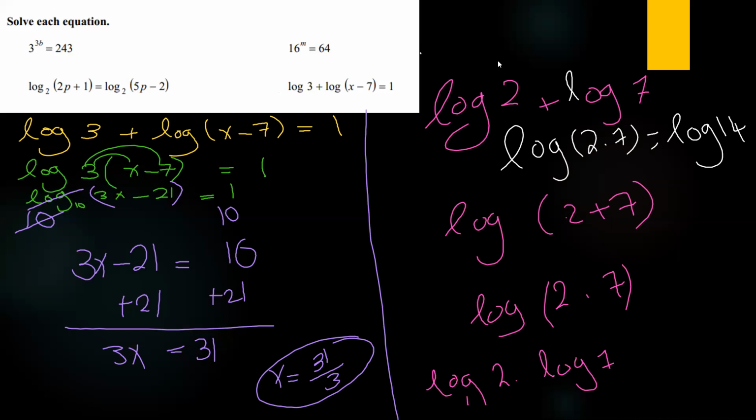So the first case here, the logarithms are added, so I can rewrite them as logarithm, and I multiply the 2 numbers, 2 and 7. The second case here, we have logarithm of 2 plus 7. Now look at here. Here I cannot rewrite it as logarithm of 2 times logarithm of 7.